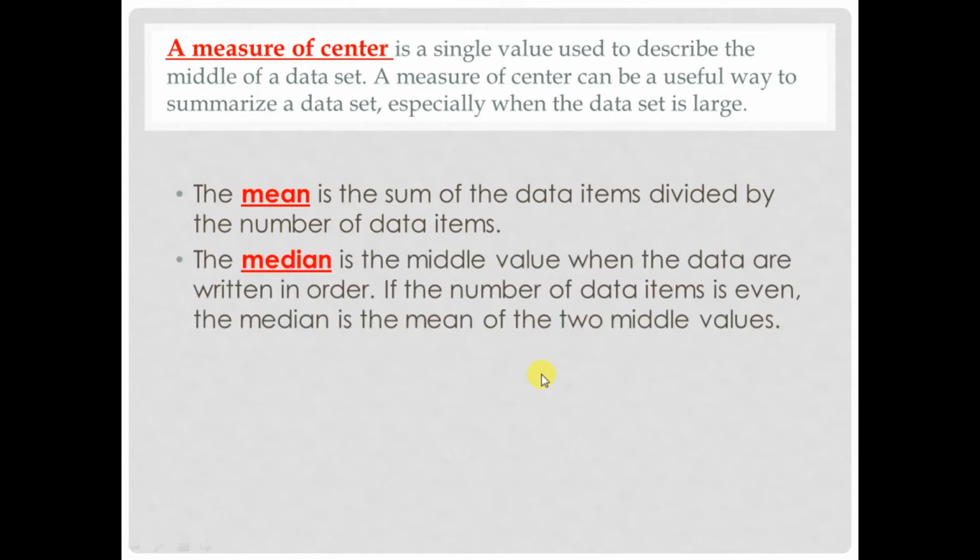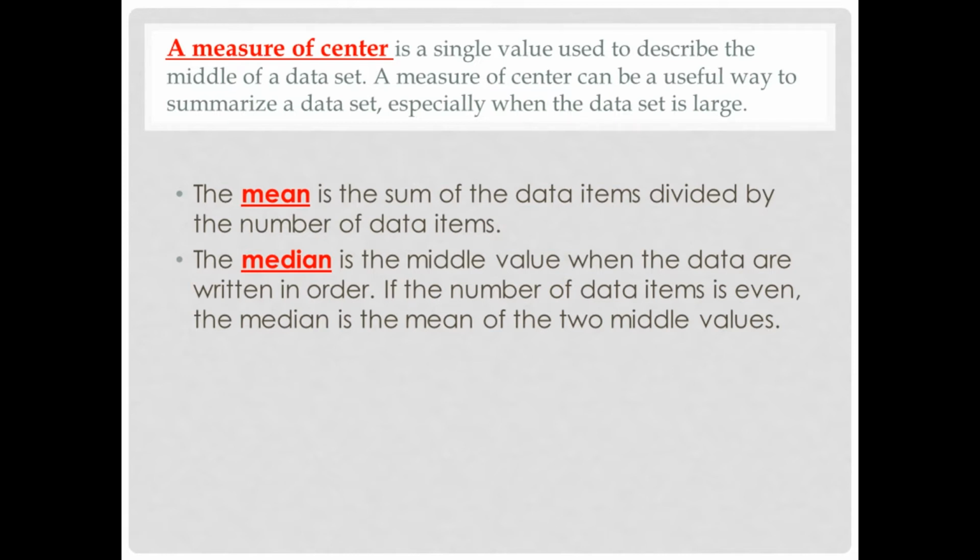The second measure of center is called the median. The median is the number which is in the middle of a group of numbers. So the median is the middle value when the data are written in order. If the number of data items is even, the median is the mean of the two middle values. So you know now that the median is the number in the center of a group of numbers, but there's one condition: you have to put the numbers in order from least to greatest.